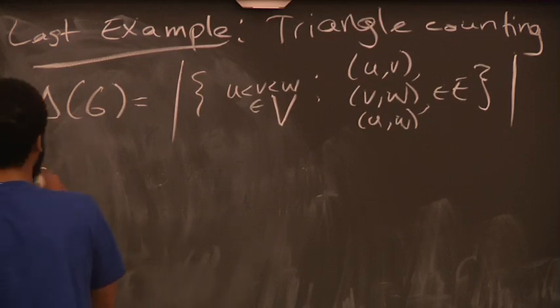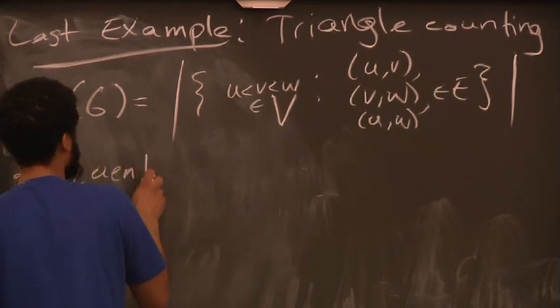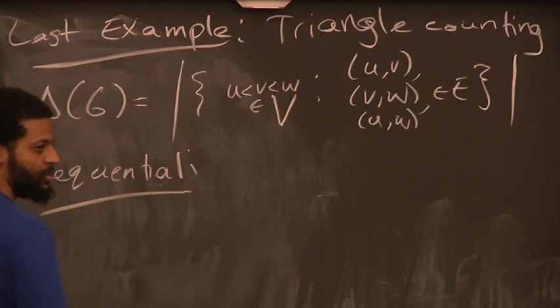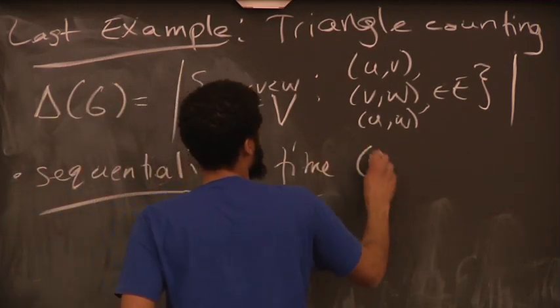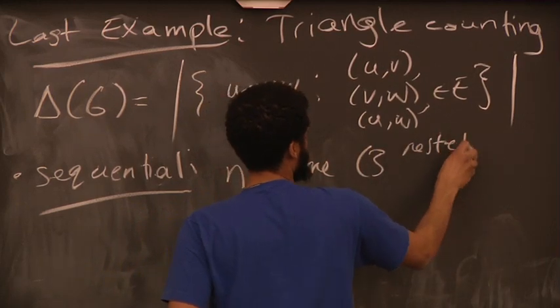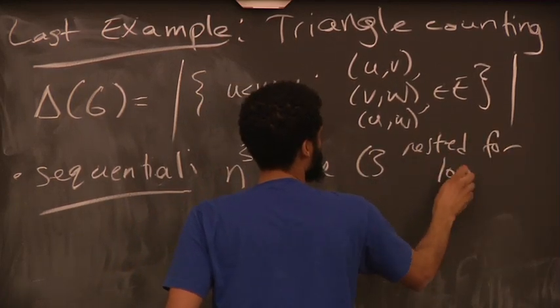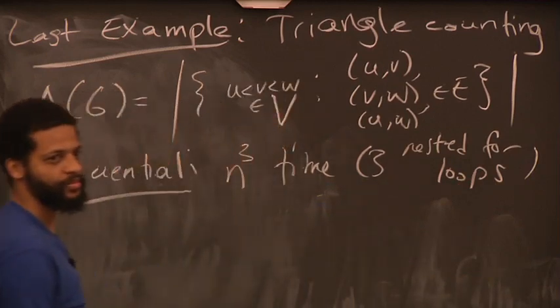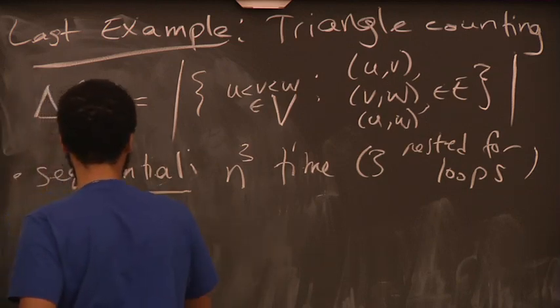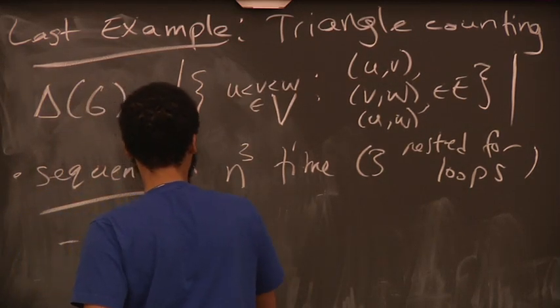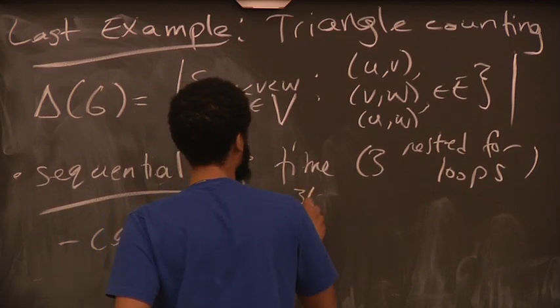Sequentially, if you don't care about parallelism, there's a simple n cubed time algorithm, three nested for loops. You just loop over all u, v, w and check whether all those three edges exist. If so, you increment a counter, and you return it. In fact, you can even get m to the 3/2 time.